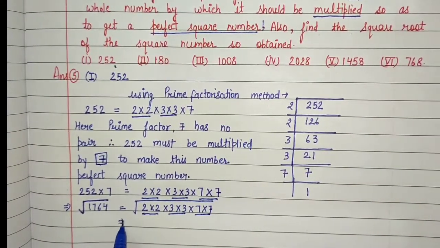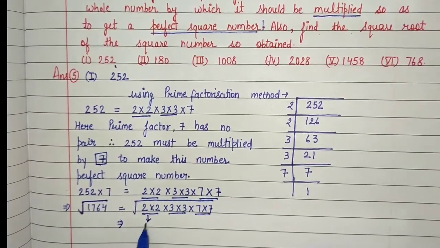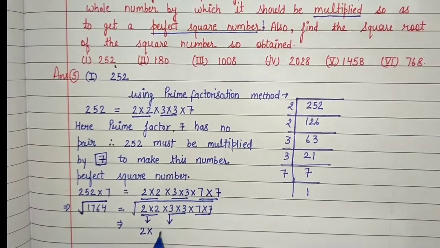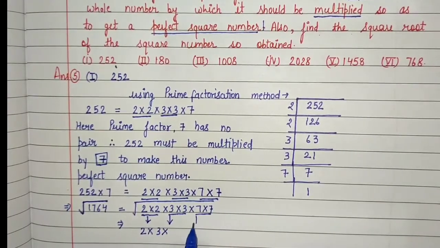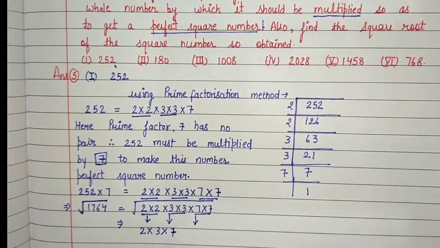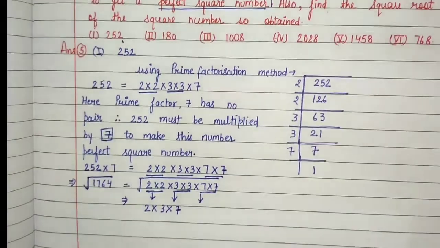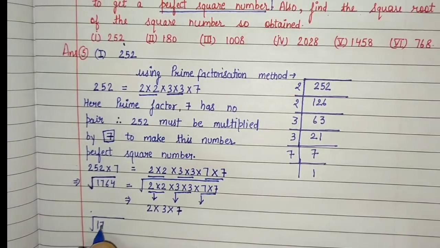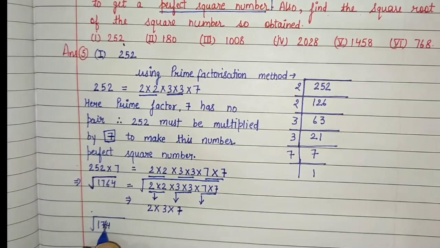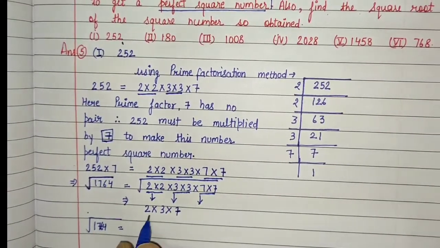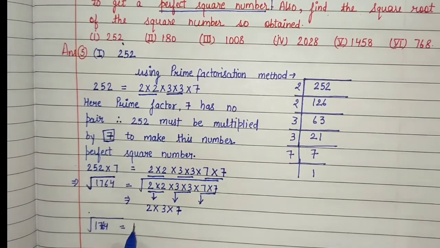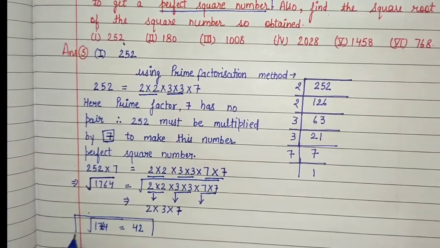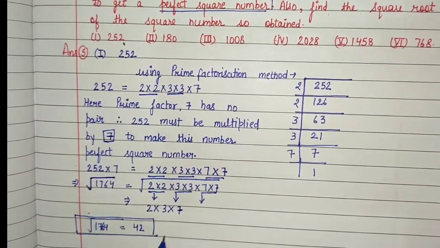Now 2 has a pair, so one 2 goes outside, 3 also has a pair, one 3 outside, and 7 outside, only one 7. So your answer is the square root of this number is equal to 2 3s are 6, 6 into 7, 42. This is your answer.